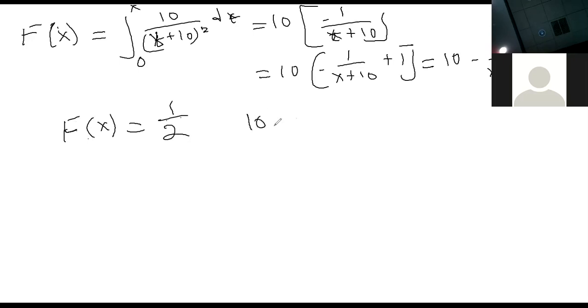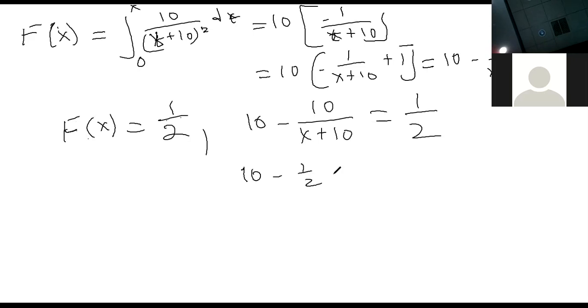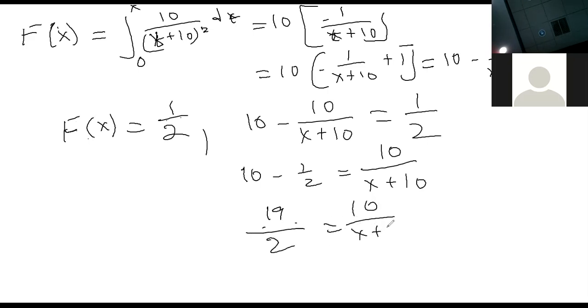That is 10 minus 10 over x plus 10 equals 1 over 2. That is 10 minus 1 over 2 equals 10 over x plus 10. So this gives us 19 over 2 equals 10 over x plus 10. That is 19x plus 190 equals 20.